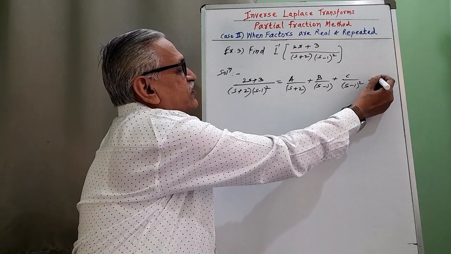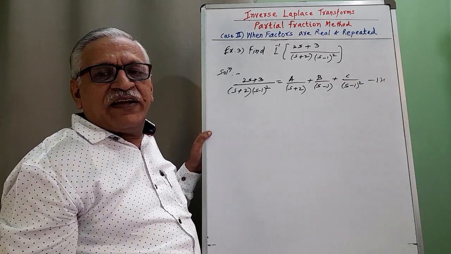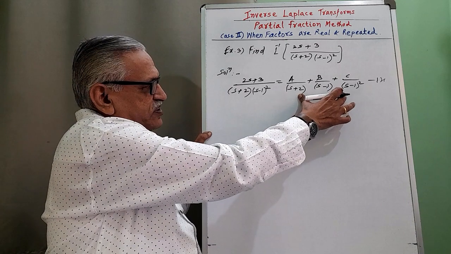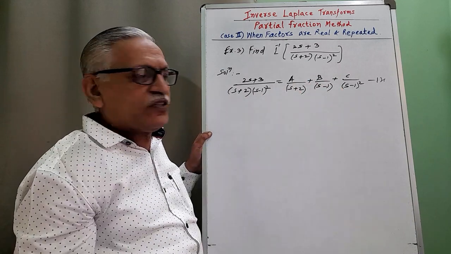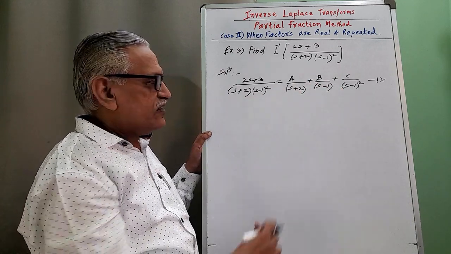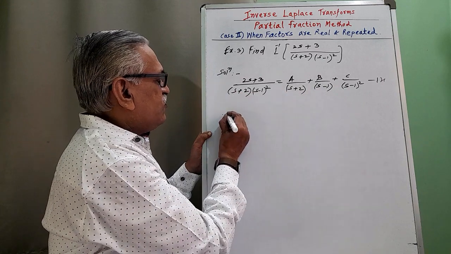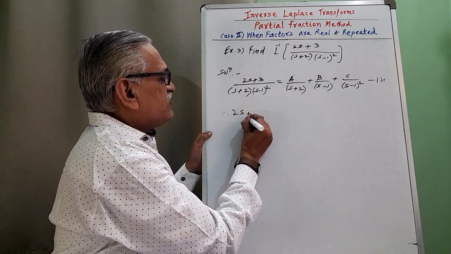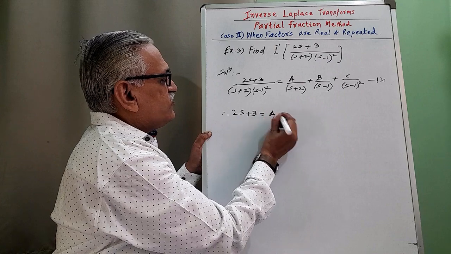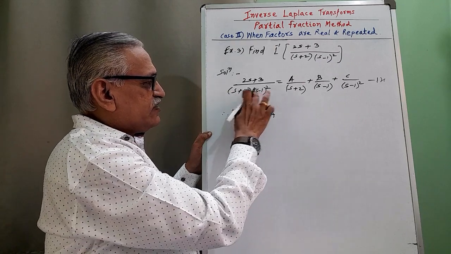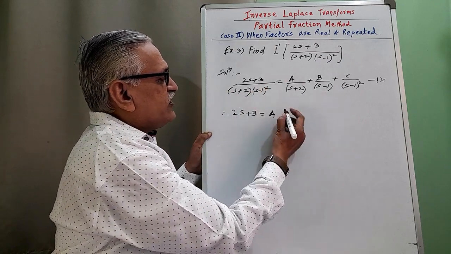We call this equation 1. And then finding LCM of these three terms, LCM is s plus 2 into s minus 1 whole square. Dividing by s plus 2, we get therefore 2s plus 3 is equal to a into s plus 2 gets cancelled, remaining is s minus 1 whole square.